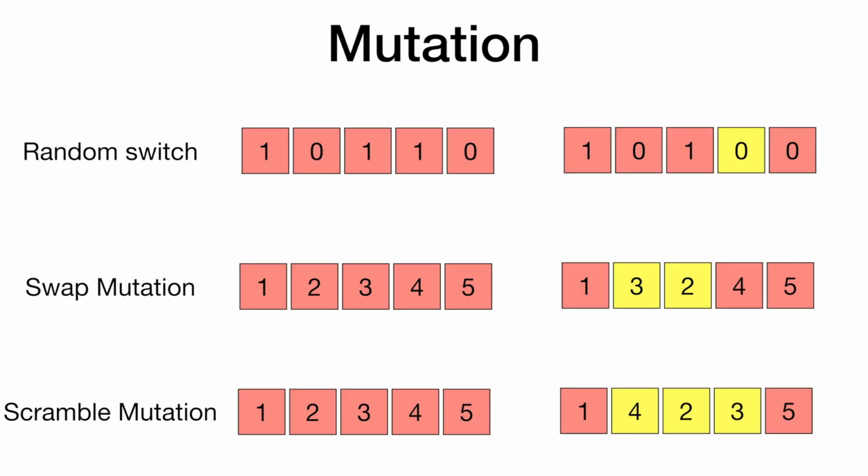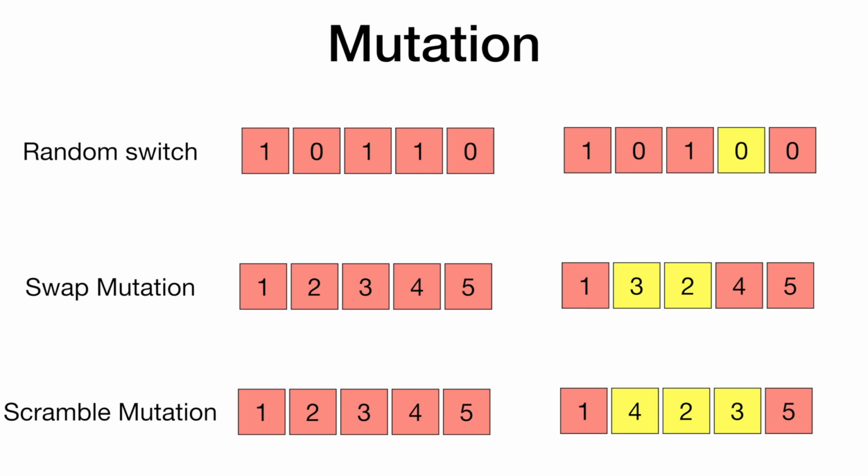Okay, and then, as I mentioned, the mutation process allows us to find some new solutions within the whole space, because just crossing over parents causes us to be stuck in the space of the solutions that we found initially.